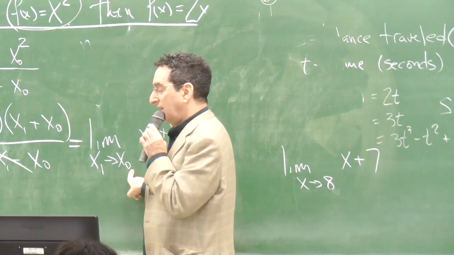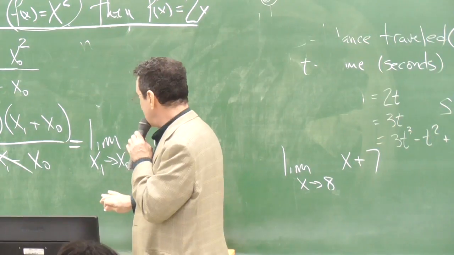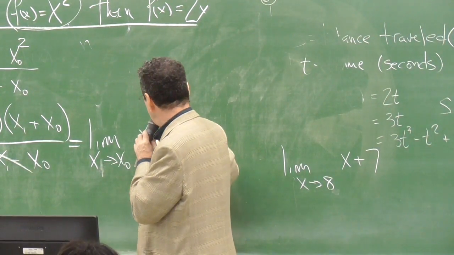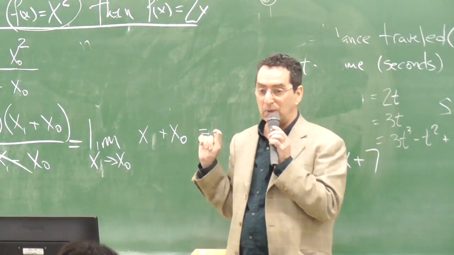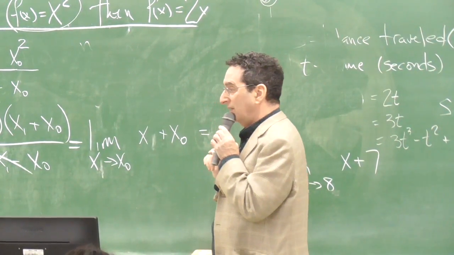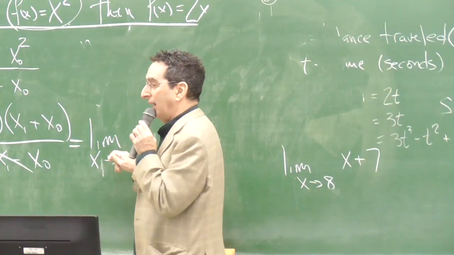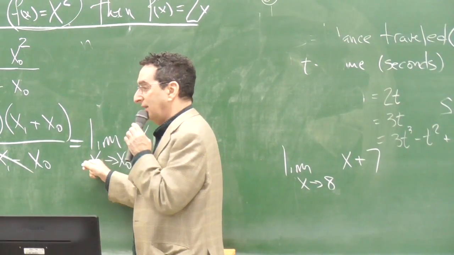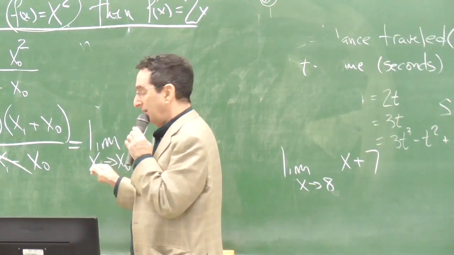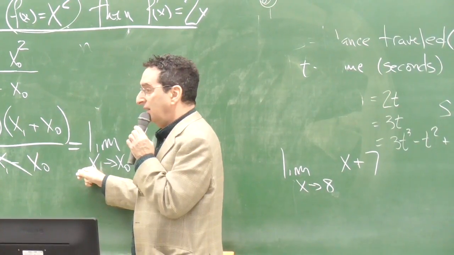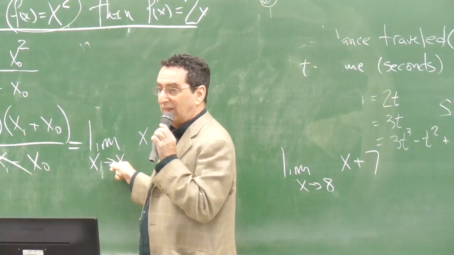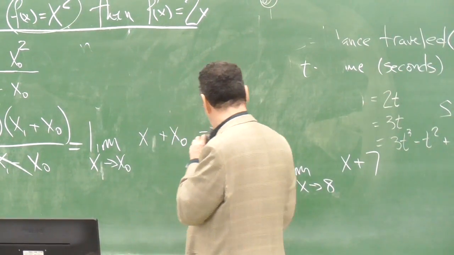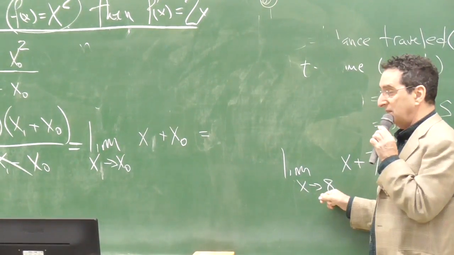So let me just drop this and drop that. Think of x as the variable. x is the thing that's moving, because that's what this notation demands. It demands that this is the variable moving towards this constant, just like this is the variable moving towards this constant.